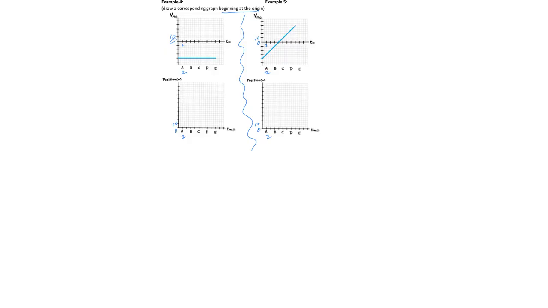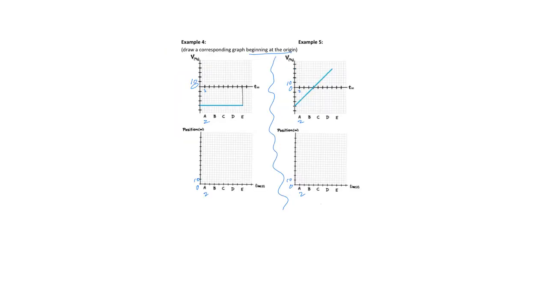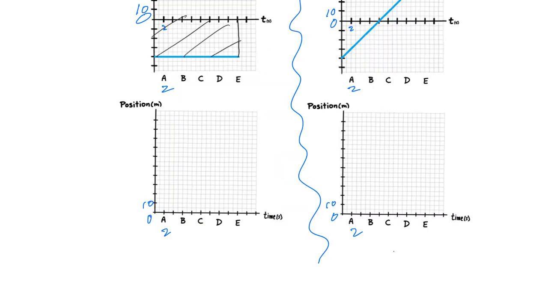Okay, so they give me a V versus T graph now. I have to come up with a position graph. Okay, so that's kind of easy if you remember that the area equals 1, 2, 3, 4, 5, 6, 7, 8, 9.